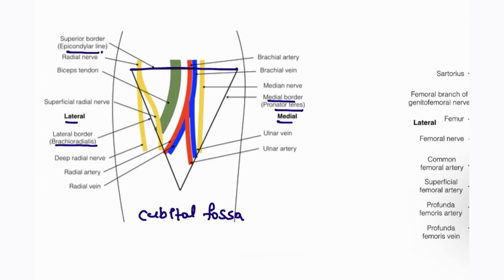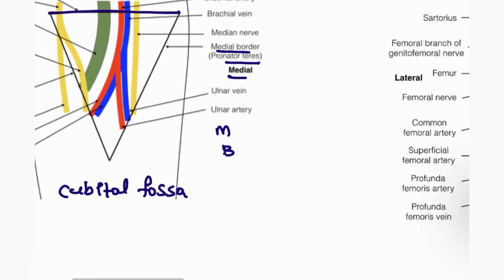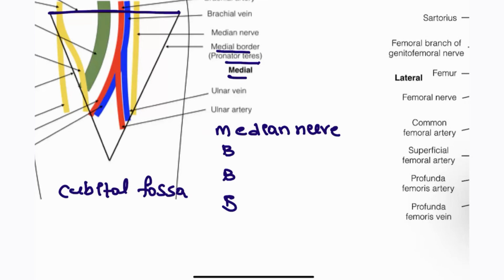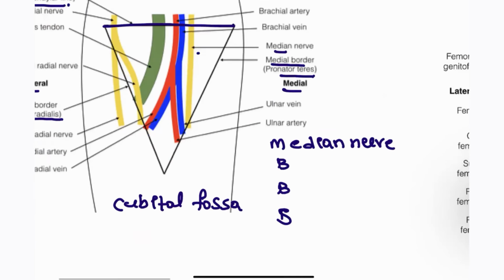Then coming to the contents present in the cubital fossa, which will be an important question, you have to remember them by the mnemonic MBBS. The first M is for the median nerve, which you can see here. Next, B is for the brachial vessels, both the artery and the vein.